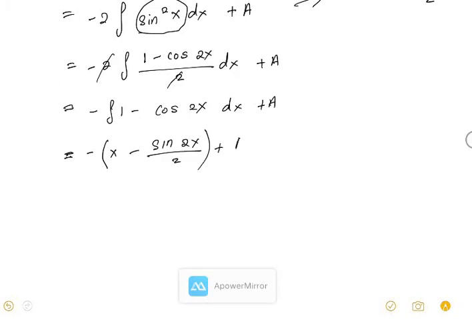Integrate the cos 2x, you get positive sin 2x divided by 2, plus a.